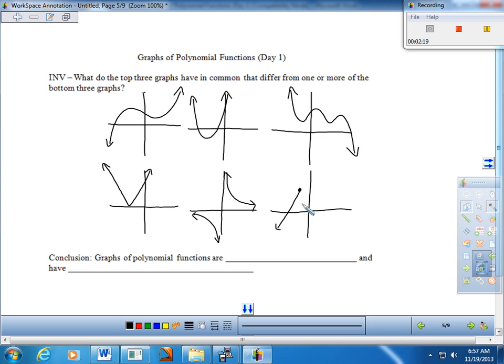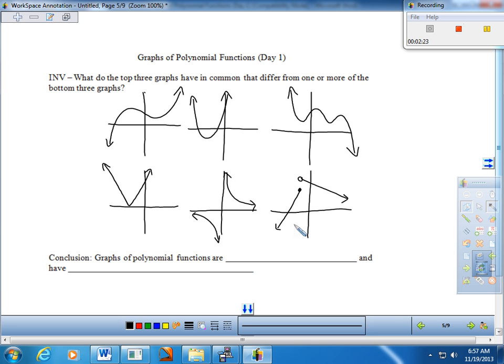I'll do like a piecewise function, something like this. There we go. Looks pretty good. So again, top 3 characteristics of polynomial functions. Bottom 3 different families. And the question is, what do these 3 have in common, obviously, that differ from one or more of these down below?